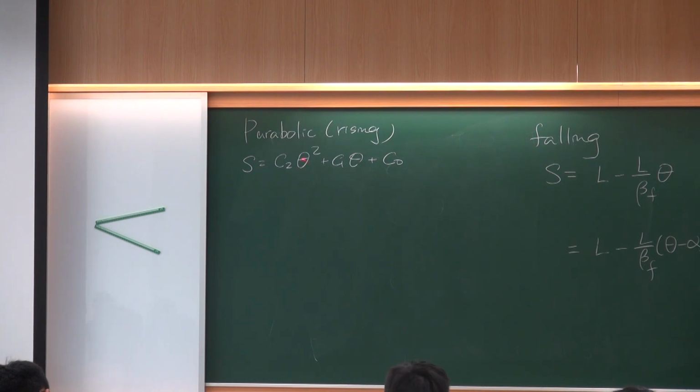Basically, we have theta squared. In the previous example, we only have theta. We don't have theta squared or higher terms. But this one, we put an extra term when compared with a uniform motion. So right now, we put this new term, and we try to see if this one can make the motion more smooth.